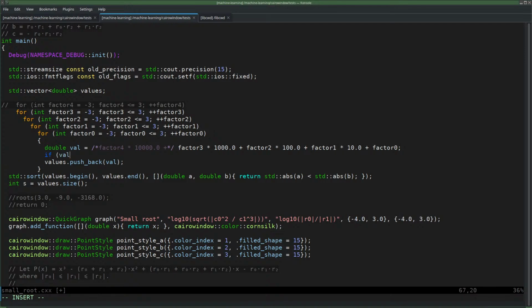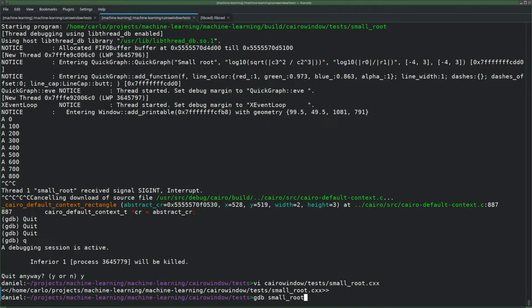So we do if val is larger or equals 0, then we push back the value. Otherwise, I don't want to take it into account anymore. And that should reproduce the lower part of the graph. That's my idea now.